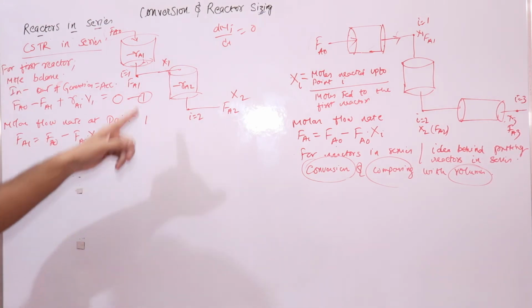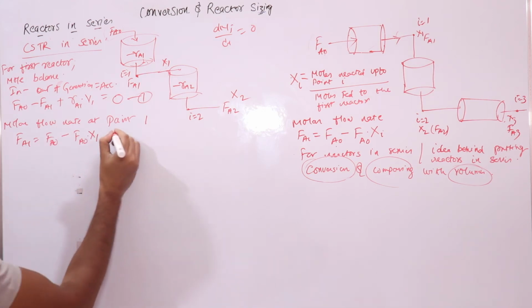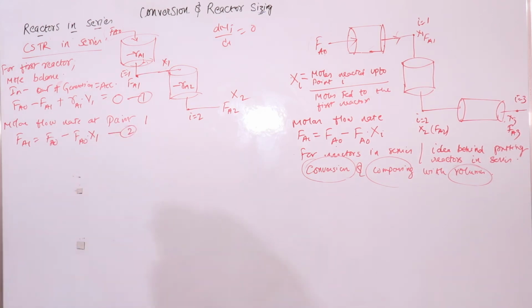This is the conversion achieved at point 1, right. This is your second equation, right. Now we'll be solving these two equations to find volume V1, right.